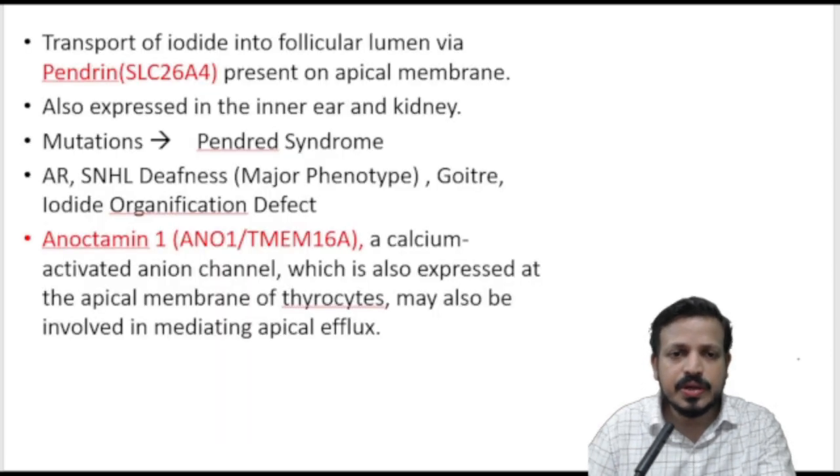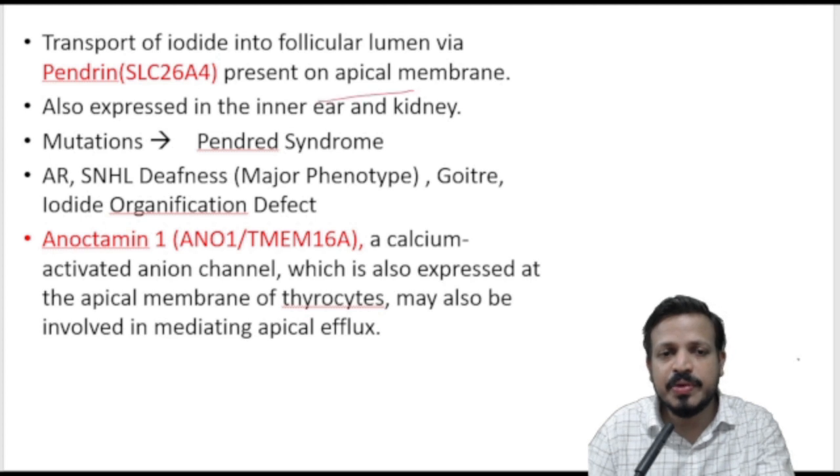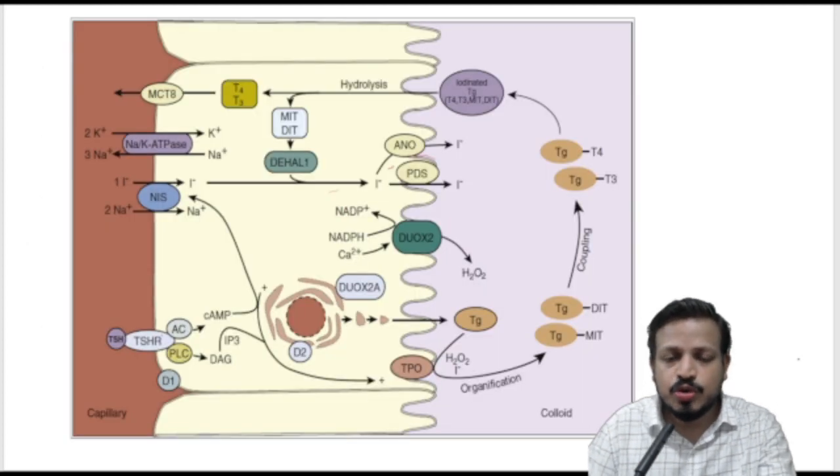Then coming to other transport proteins in the apical membrane, one is pendrin, which is encoded by the gene SLC26A4, and another is anoctamin 1, that is ANO1 or TMEM16A. So these are the two proteins.